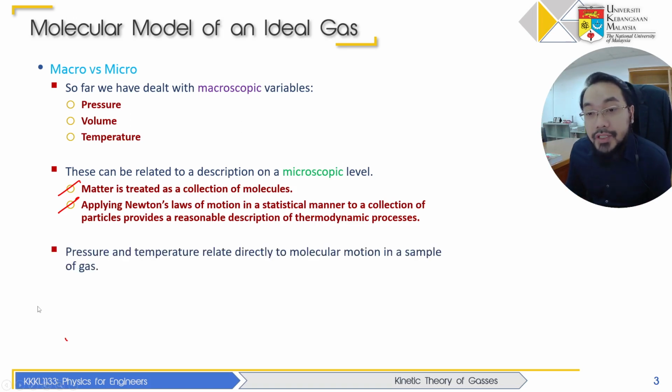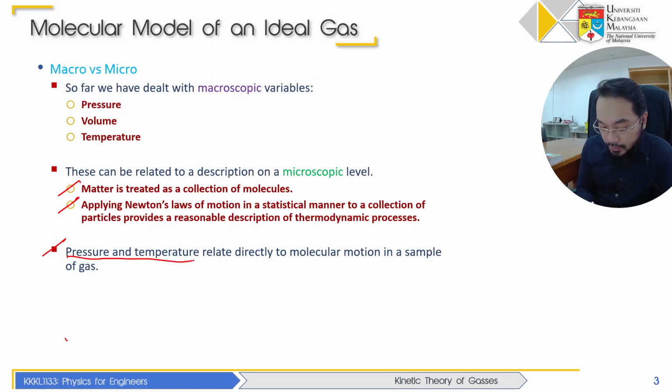Pressure and temperature relate directly to molecular motion in a sample of gas. So we're going to look at how pressure and temperature are related to the molecular motion of an ideal gas.